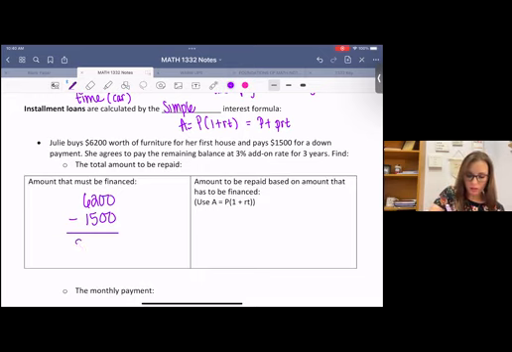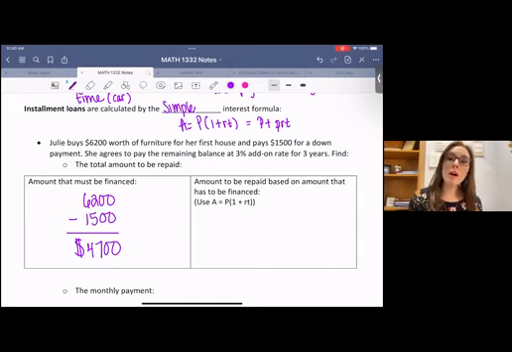And that's going to be $4,700. My 4 got kind of funny. Let's fix that. Got crazy. $4,700. So now based on that loan amount, that finance amount, we can figure out how much she's going to be paying by the time she pays this furniture off since she borrowed money.